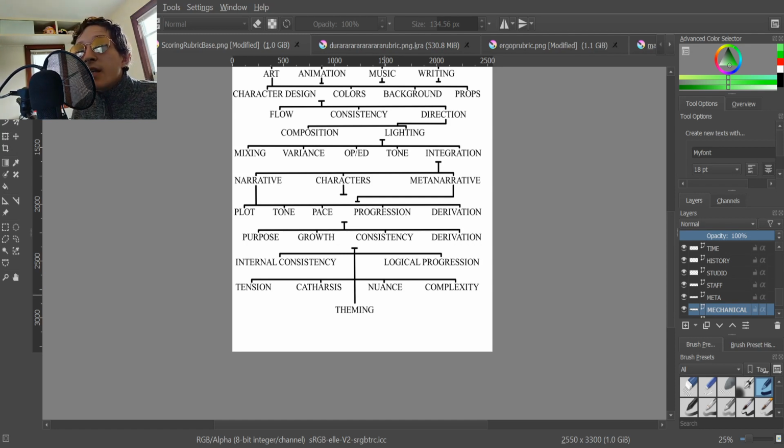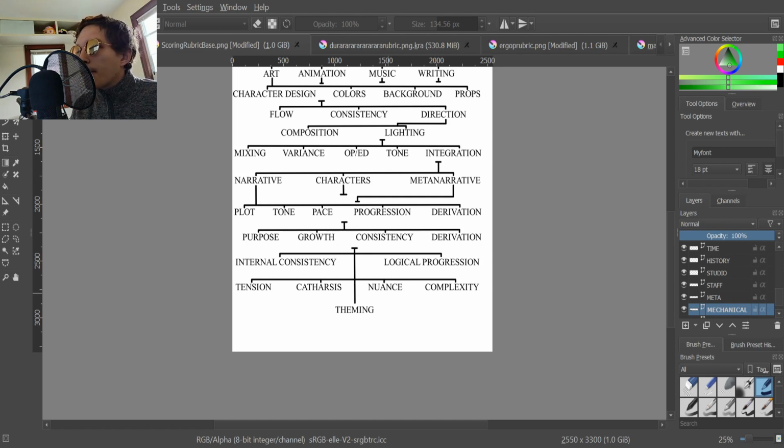Nuance. Nuance is how much thought you needed to put into this in order to really understand what it was going for. Did the characters just tell you how they felt? Are there excessive monologues? This is essentially a measure of show, don't tell, of allowing you to infer what's going on and how well the show is enabling you to make a correct inference.